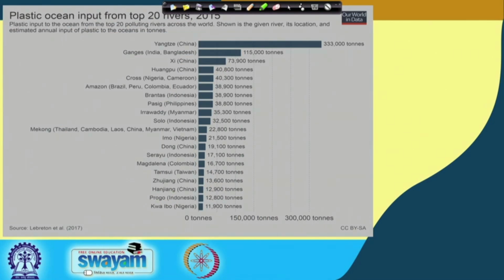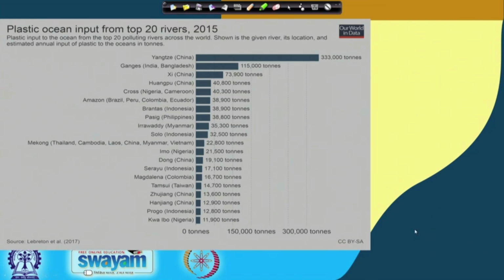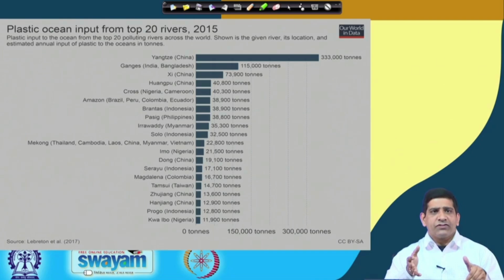So from where we left off earlier, in terms of plastic getting into the ocean from rivers, this is again data from 2015 on the top 20 rivers, which comes from another paper published just last year. Most of these plastic-related studies have been done within the last decade or so, so most of these papers are pretty new.